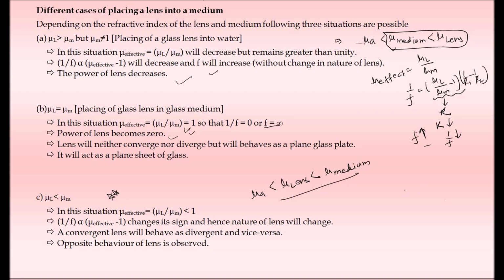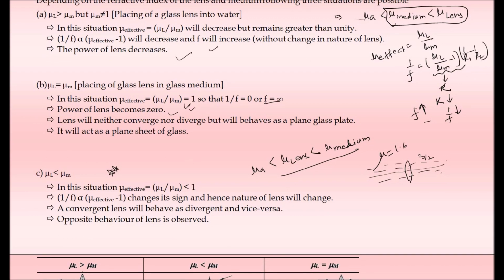Like if I place a convex lens having the refractive index 3 by 2 with respect to air in a medium having refractive index mu equal to, let's say, 1.6, then in this case the convex lens behaves as a diverging lens and concave lens behaves as a converging lens. That is, the focal length of concave and convex lens changes its sign.